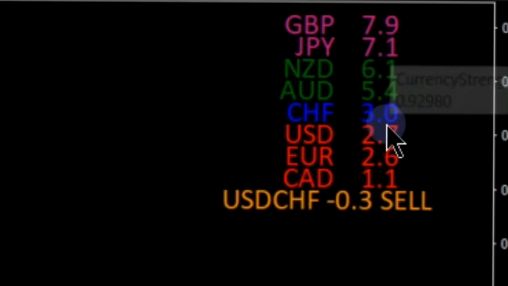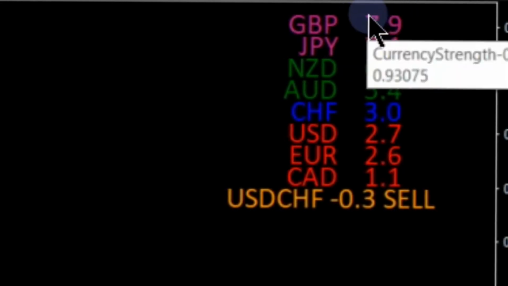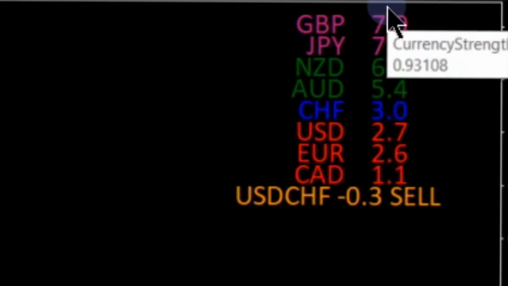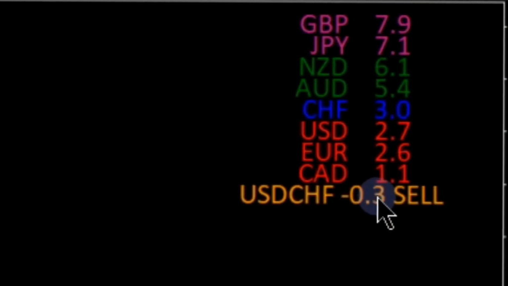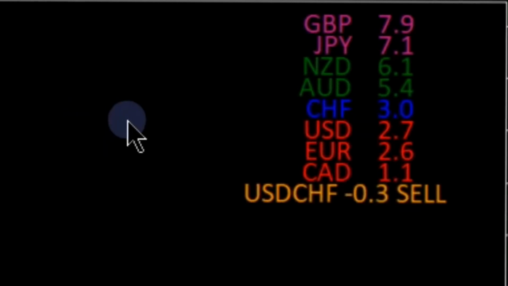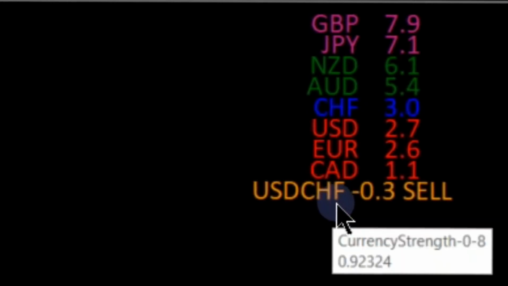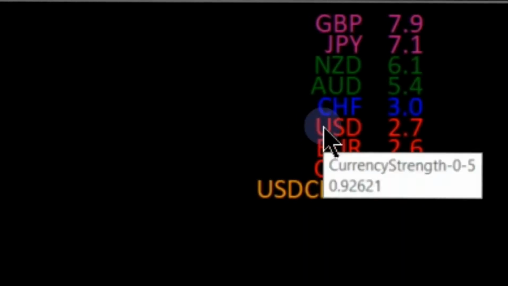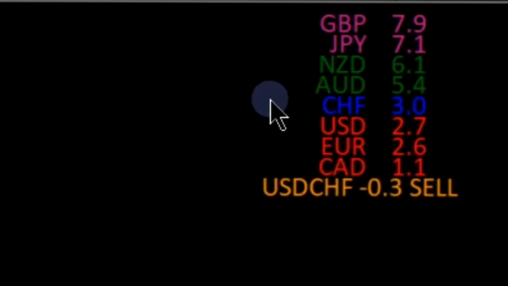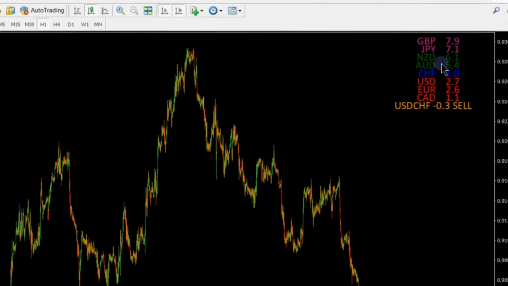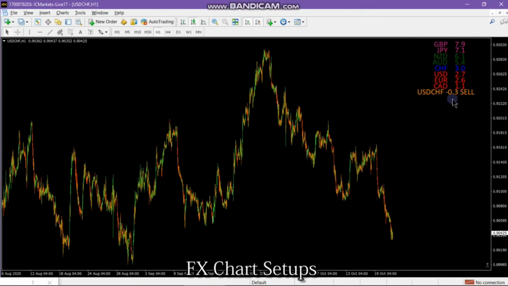The closer you get to 10, the stronger the currency is. So far I haven't seen any currency actually get to 10, and the closer it is to 0, obviously the weaker the currencies are. And we've also color coded them so you can see all the currencies from 0 to 3 are all in red, from 3 to 4 are going to be in blue, from 5 to 7 are going to be in green, and then anything above 7 will be pink, and that's obviously the strongest currencies.